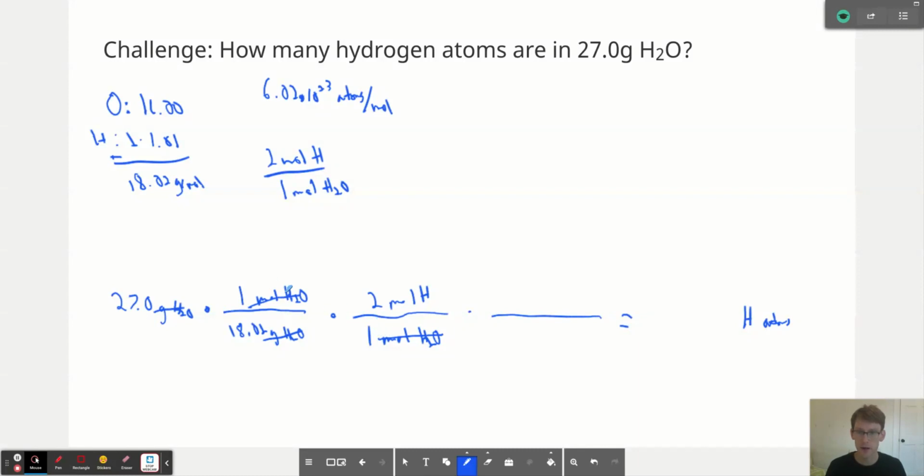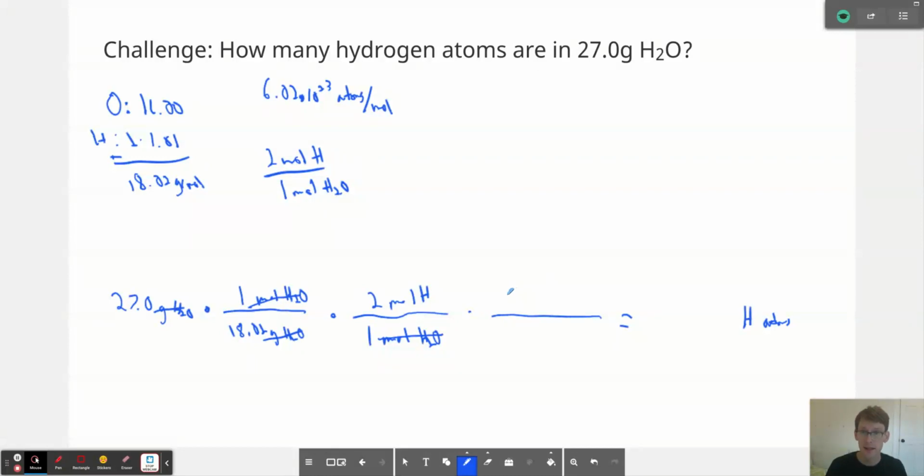I'd have moles here, and then moles over moles. And would I be putting the 2 in the correct place? Labeling moles of hydrogen and moles of water is important, because you'll see your mistakes if you're making them. If you're not paying careful attention and you don't put in the units exactly as they should be, you might make a mistake.